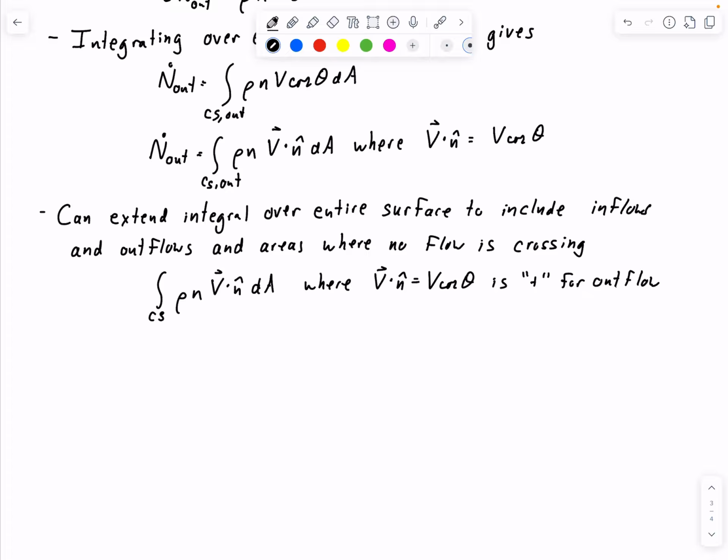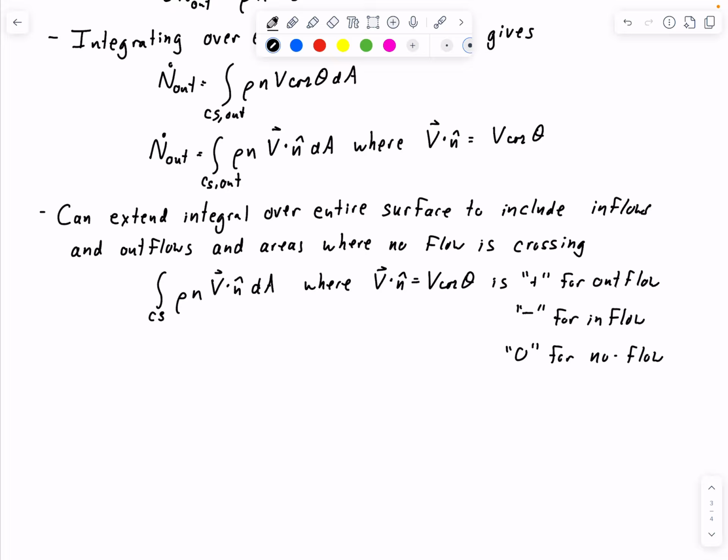It's going to be negative whenever flow is moving into the control volume. And it's going to be 0 for no flow regions. So for example, along a pipe wall where there's no flow crossing, this term would be 0.